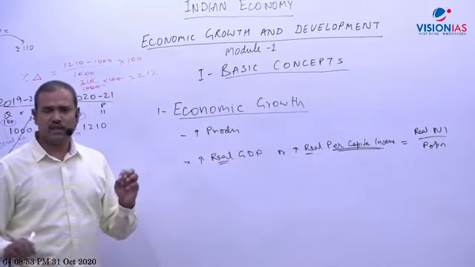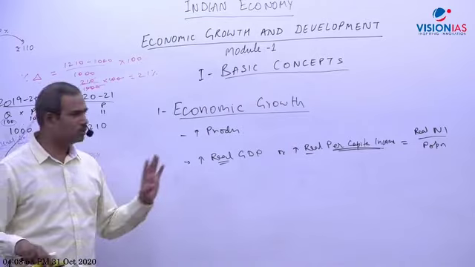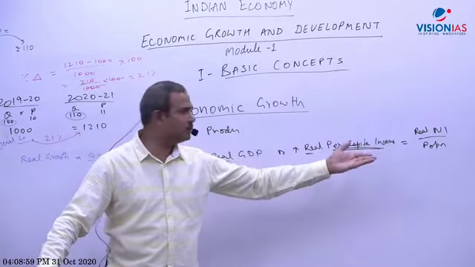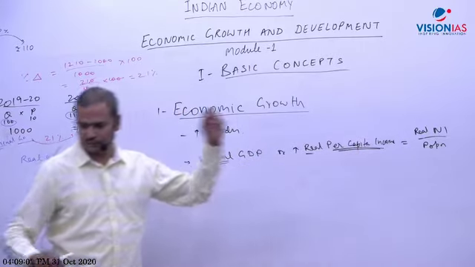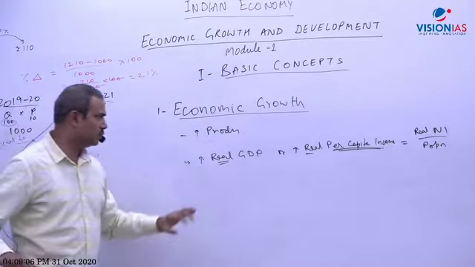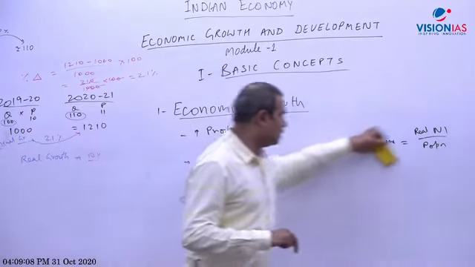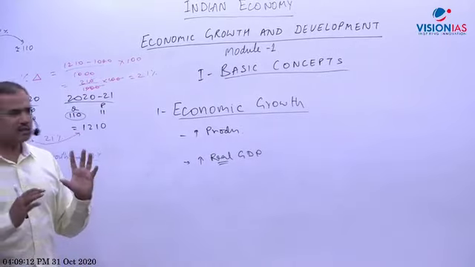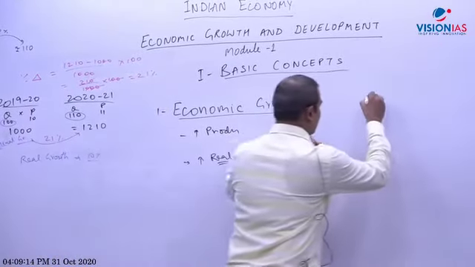GDP, national income growth are almost similar. If GDP is increasing, most probably national income and per capita income will also increase. So both definitions are almost similar. This is the meaning of economic growth. Now the next term is economic development.